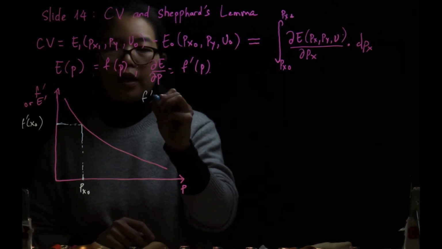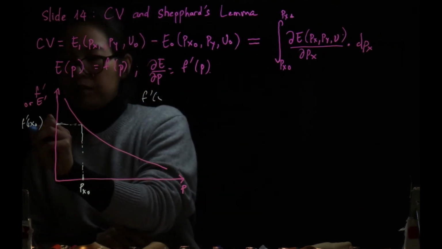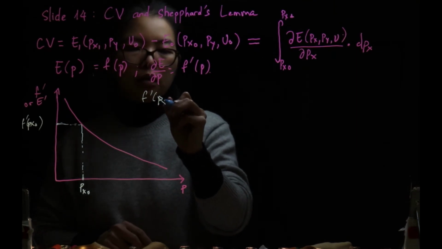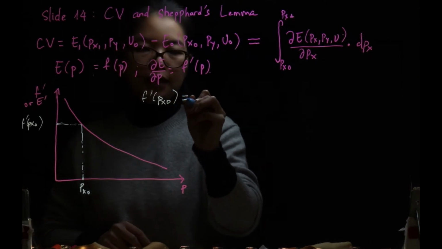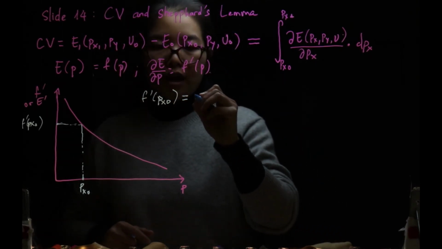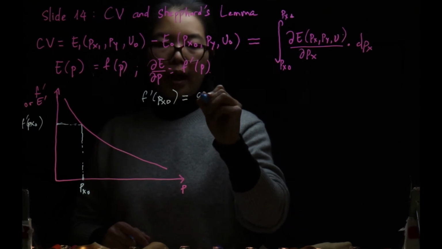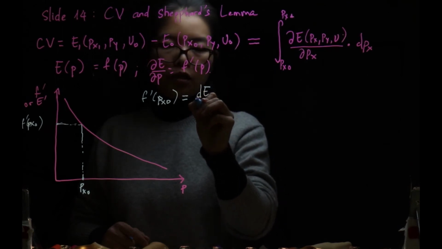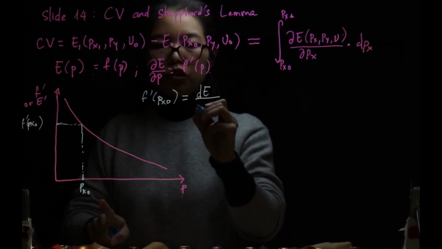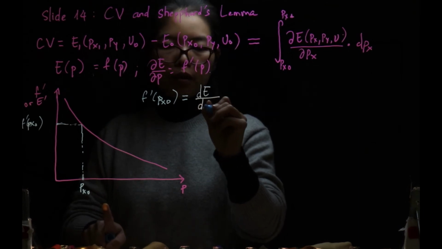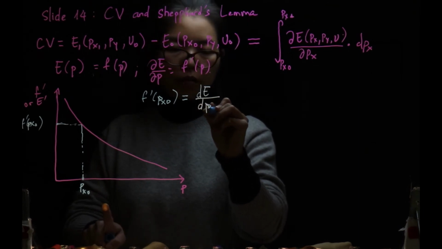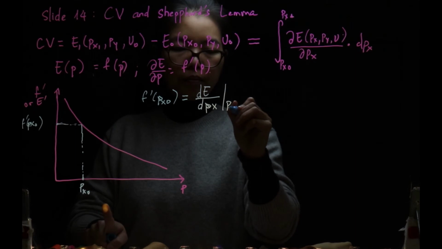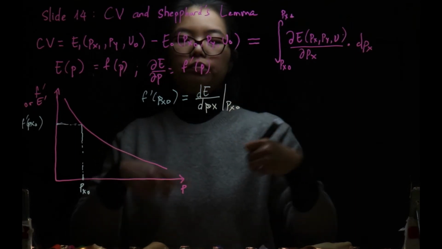So f'(px0) is now a value which shows how the original function changes when px changes by a very small amount, dpx, evaluated at px0, right?